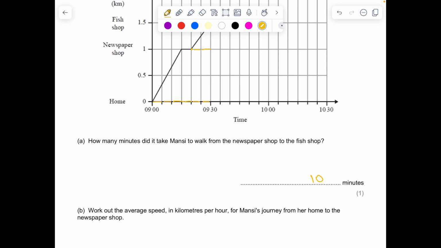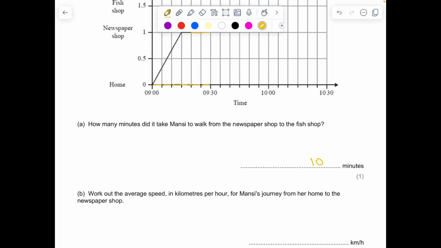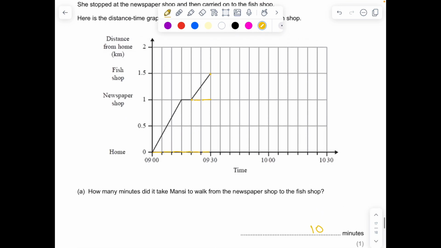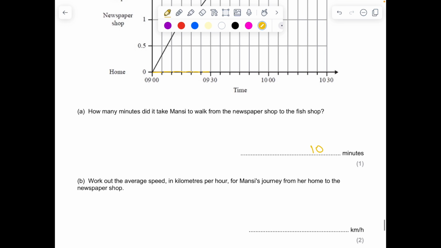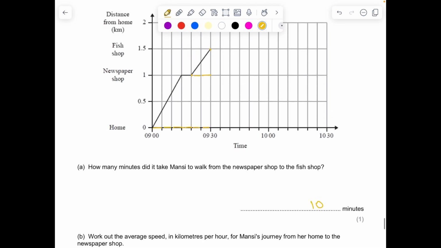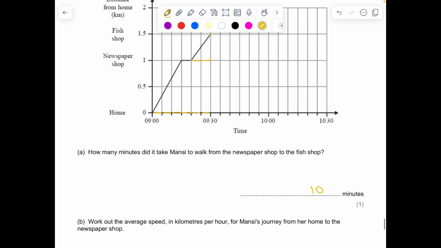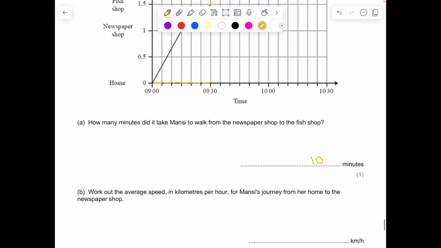Work out the average speed in kilometres per hour for Manzi's journey from her home to the newspaper shop. So we know, of course, she stopped on the way, but we're not going to count that. So from her home to the newspaper shop, okay, she didn't stop on the way, so it is 1 kilometre from home.